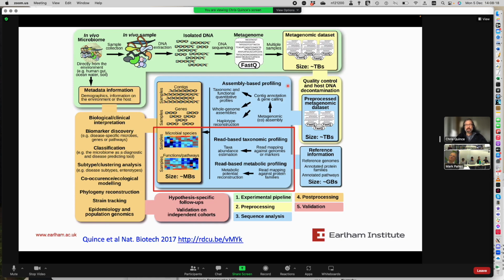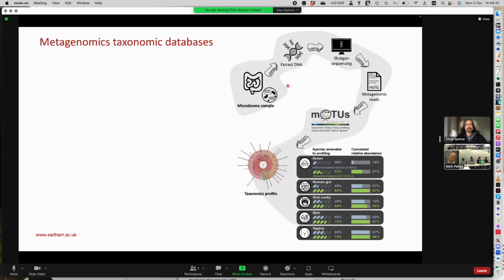So for that reason, we are going to go through read-based methods, and we're going to start with taxonomic profiling. Just like you can taxonomically profile with 16S reads, you can use your shotgun metagenome reads to profile the different members of a microbial community. Essentially, it's the same principle as with 16S sequencing.